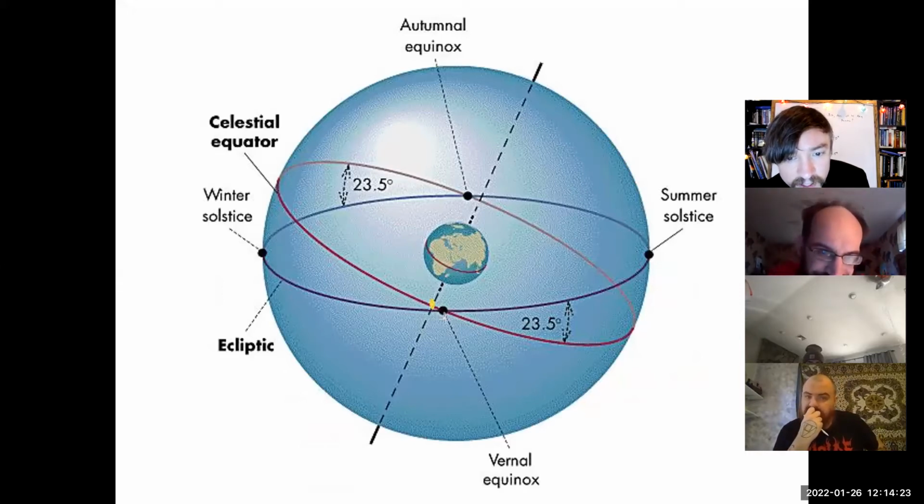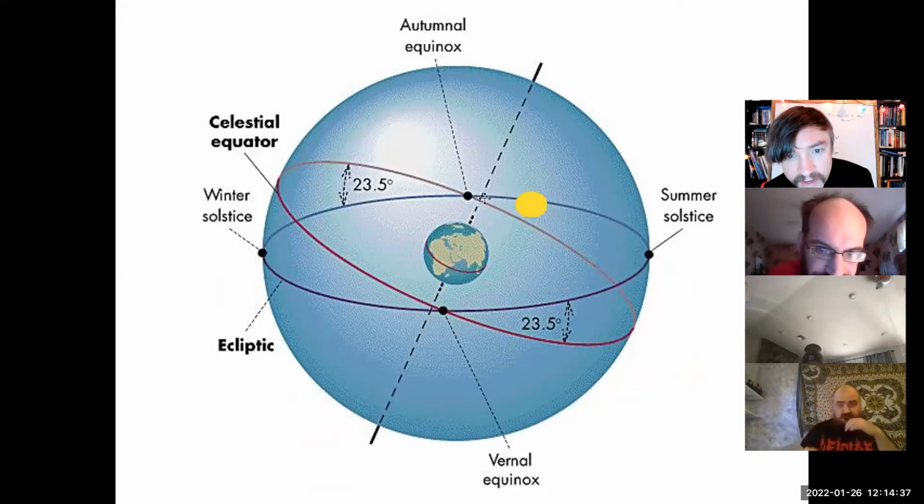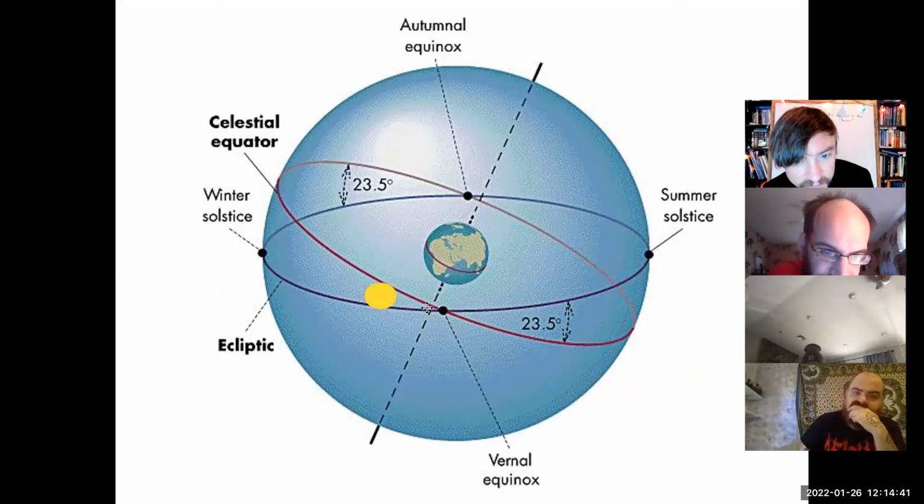So here's my sun. Each day the sun moves about 1 degree along the ecliptic. As it moves along the ecliptic, Earth spins for a 24-hour period. Some days it's here, some days it's there.